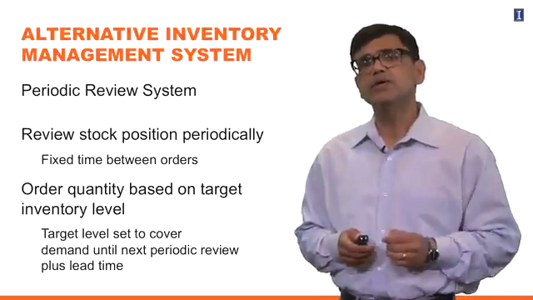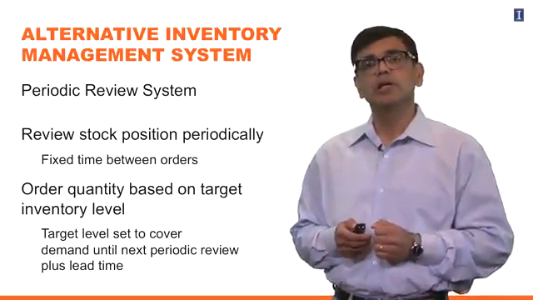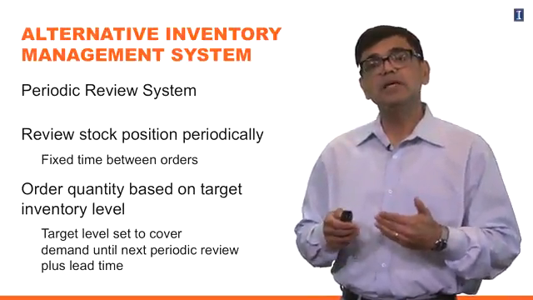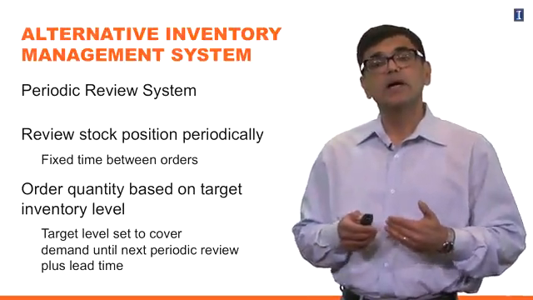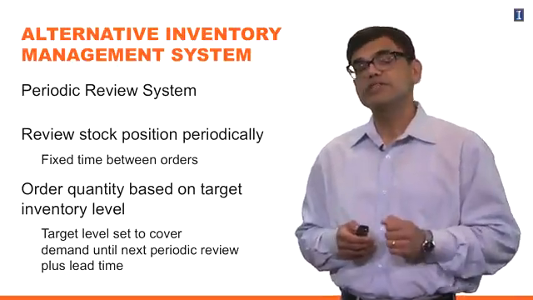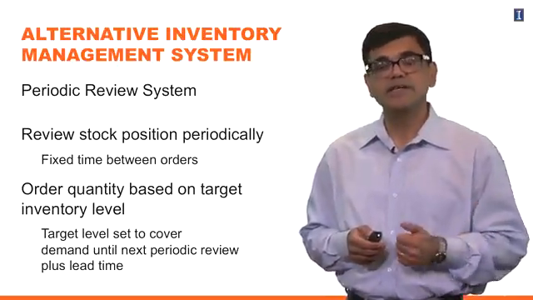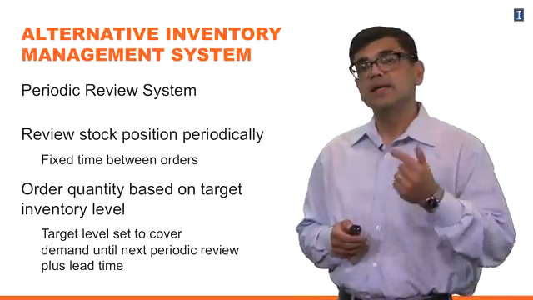This basic EOQ formula that we learned about and the basic continuous replenishment system that we learned about can be looked at from a more sophisticated perspective if you were to relax some of the assumptions. So if you remember, we started off with saying there are no discounts for any item in terms of the price.